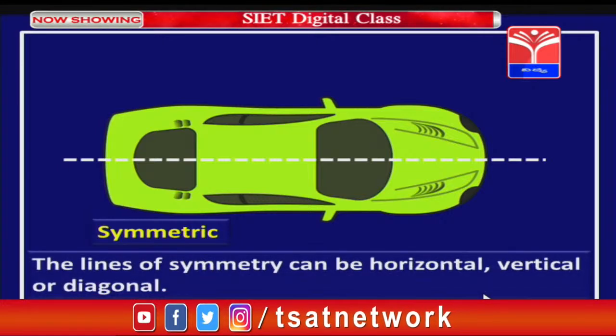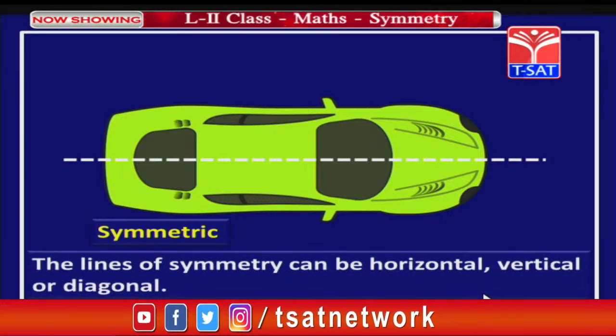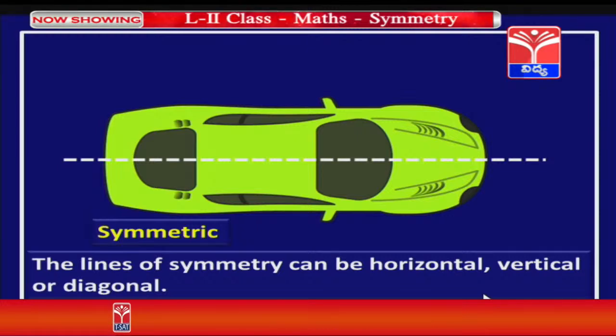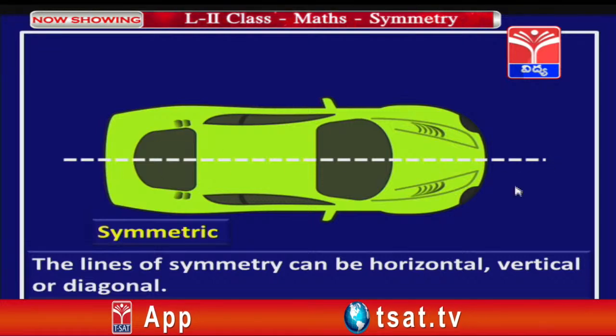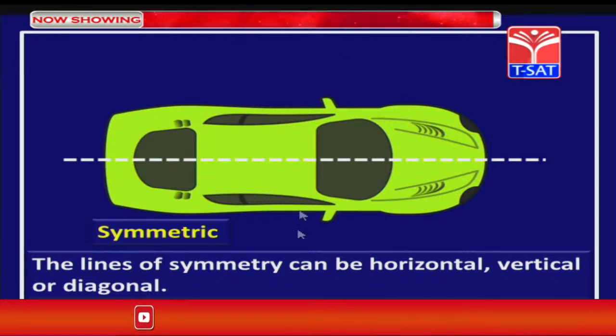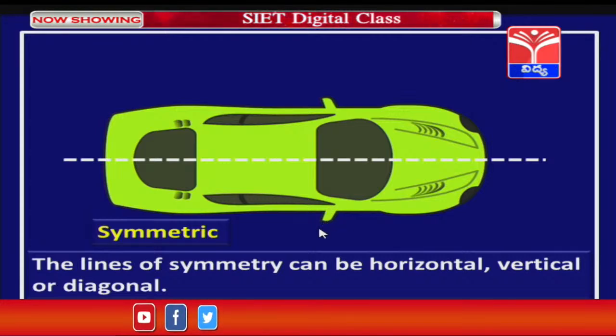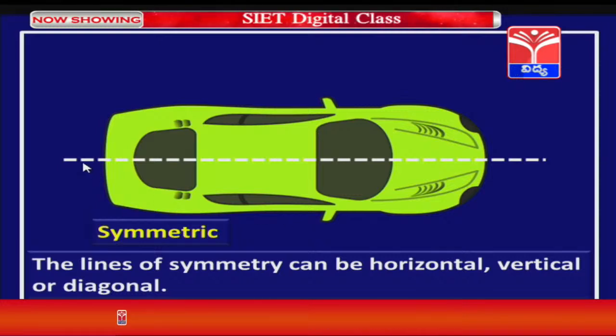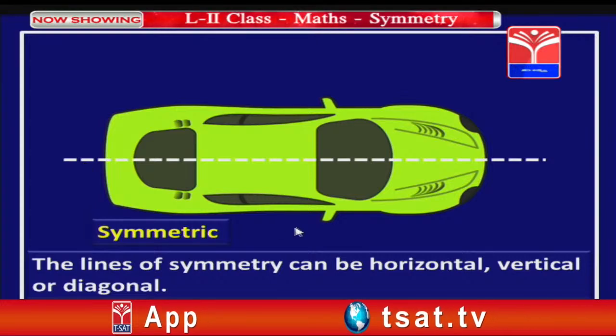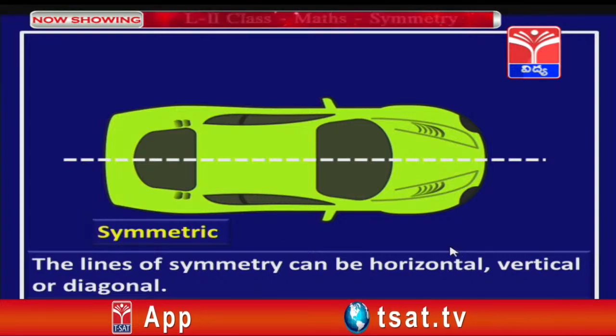So, children, the lines of symmetry can be horizontal, vertical or diagonal also. Here we have seen this figure is symmetric about the horizontal line, but when we drew a vertical line, it is not symmetric. That is why, when you are checking whether an object is symmetric or not, you need to draw a vertical line, a horizontal line and also a diagonal, and then decide whether the object is symmetric or not.